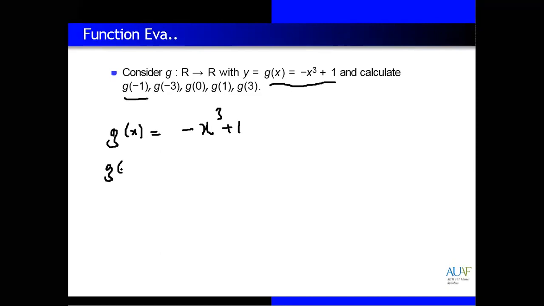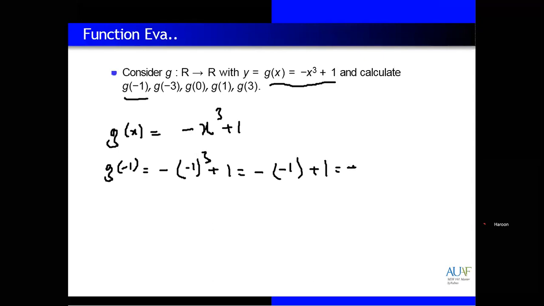G of minus 1 means replace x with minus 1. So we have minus 1 cube plus 1. Minus 1 cube is equal to minus 1, and with the minus in front it becomes plus 1, and we also have plus 1. So plus 1 plus 1 equals 2.